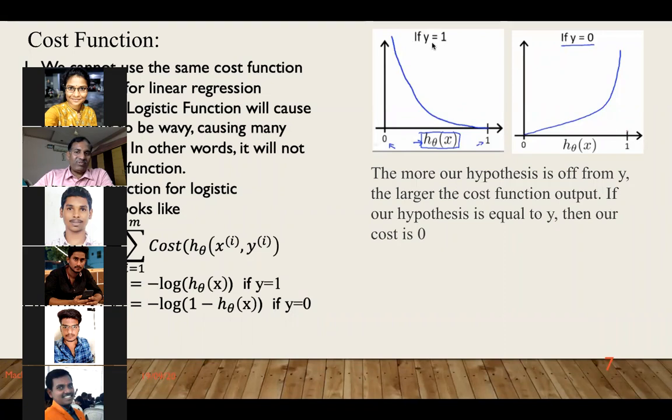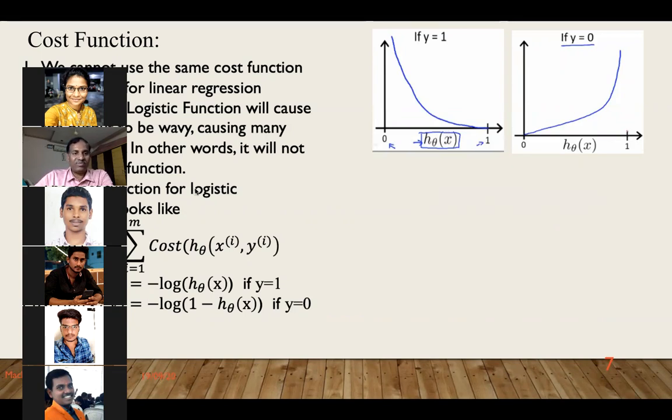If h theta x is towards 0, if your value is close to 0, then you are incurring high costs because you need to predict 1, right? So h theta x greater than or equal to 0.5, that is what we want.